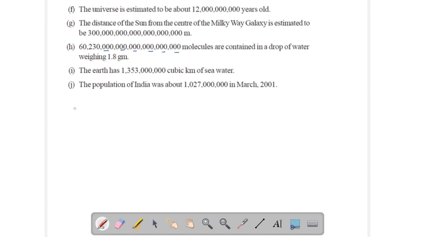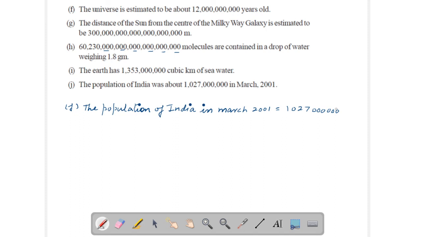Now come to J part. The population of India in March 2001 is equal to 1,027,000,000.